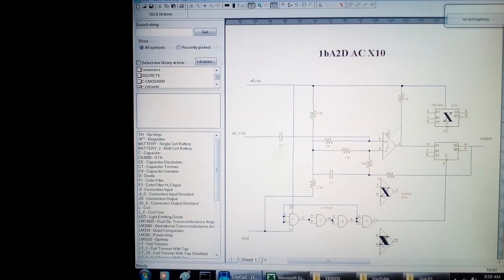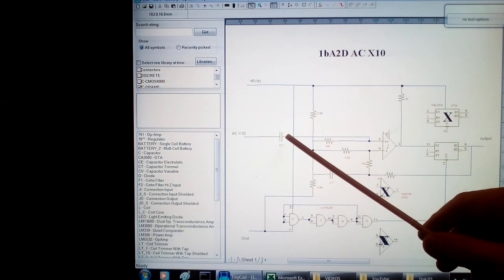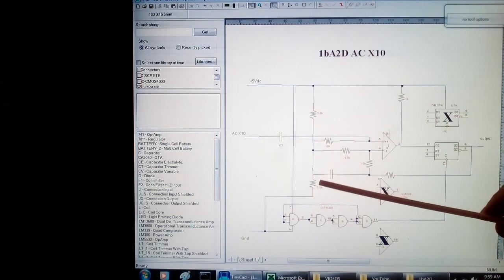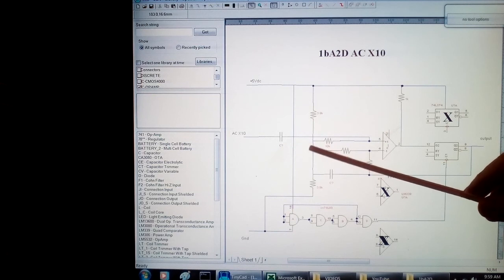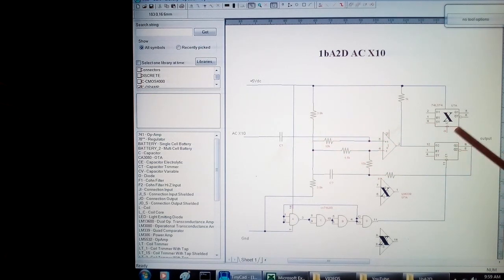That means that the output signal will be 10 times bigger than it used to be. It has to be AC coupled because 10 times a DC offset would throw it off scale. There's two fairly low value resistors here making an artificial ground node about halfway between the supply.